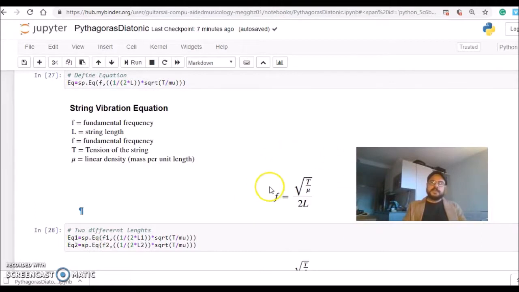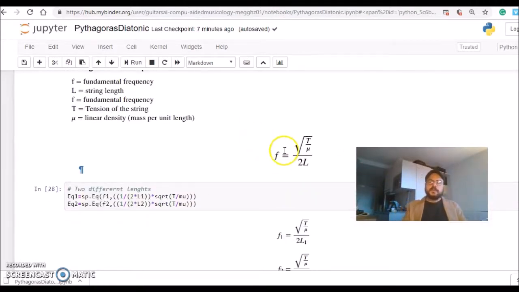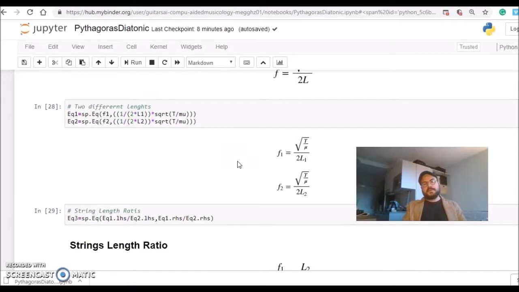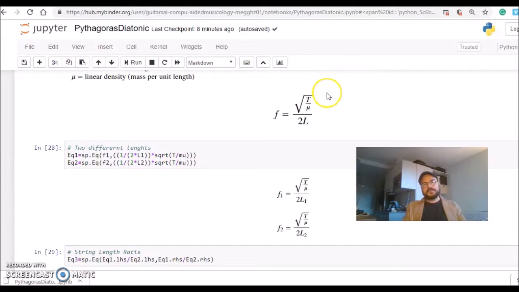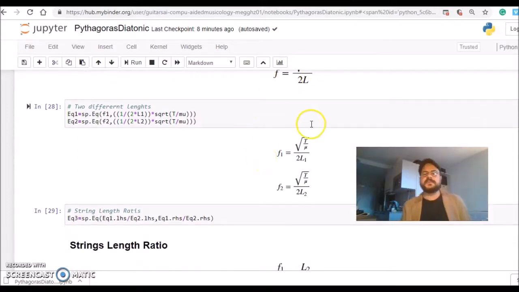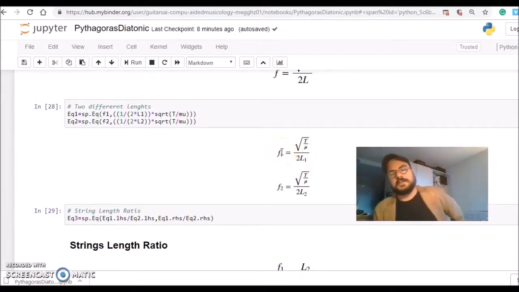So this is a fundamental equation that we will use to fundament the observations of Pythagoras. One thing to notice is that Pythagoras was working with ratios, and when we use ratios, it simplifies a lot, because if you consider the same string with the same tension and take the ratio, then just the length will influence the frequency.